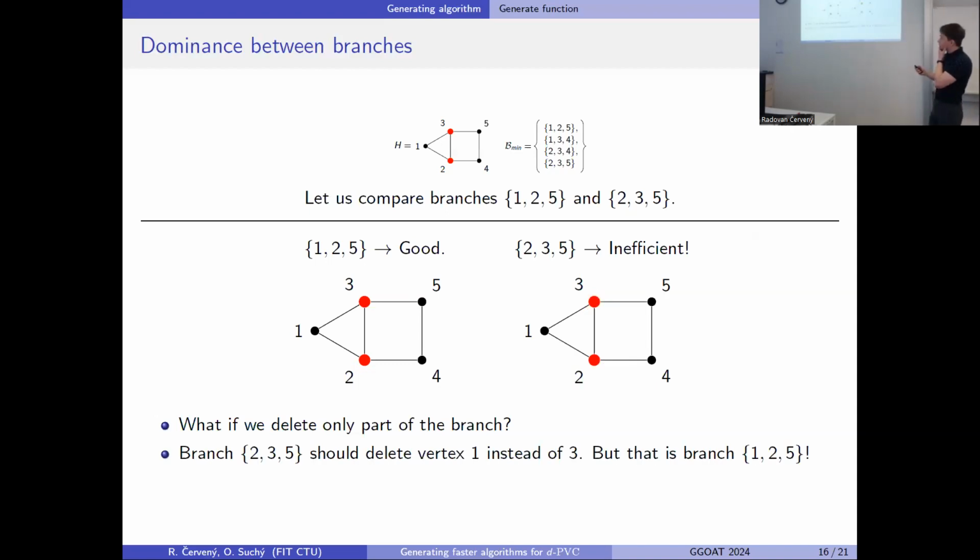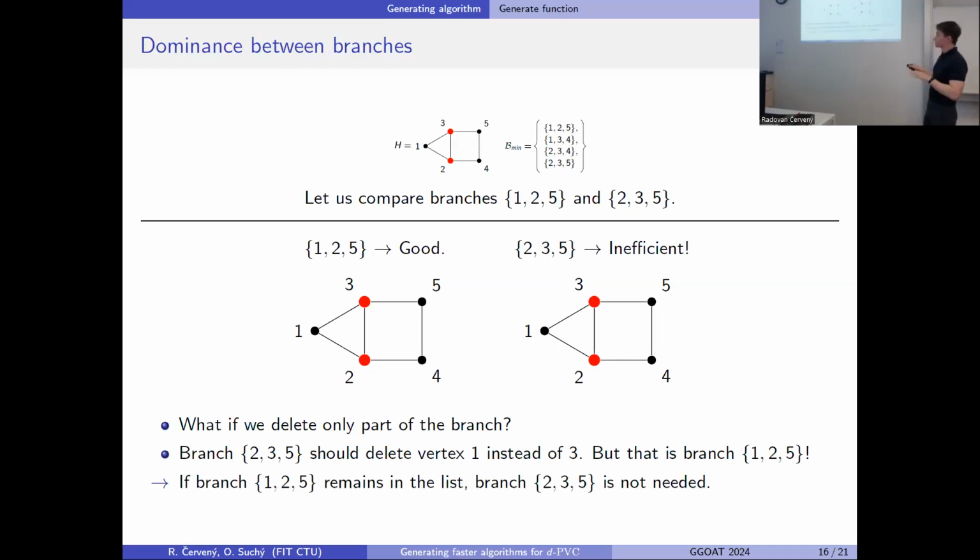No? Well, but if we do that, we get this 1, 2, 5 branch, but we already have this in our list. Okay, so if we can somehow ensure that this branch 1 to 5 remains in the list, then this branch is not needed.